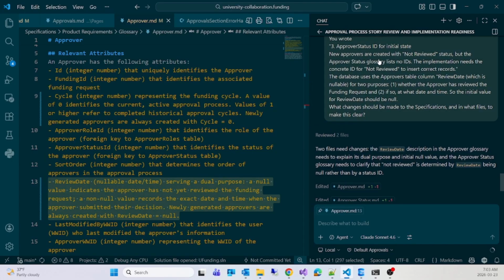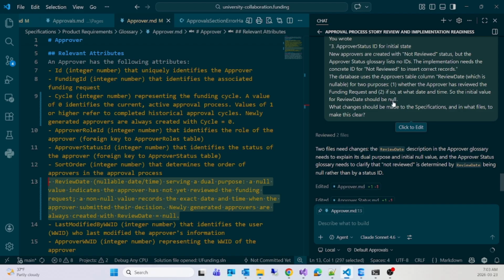You wrote, I say in my prompt, this thing here, and then I explain what it should be or how it works, namely that this review date is not just a date-time to indicate at what time the review happened, but also implicitly telling the system whether the review happened or not. Okay, so it was a bit confused about that.